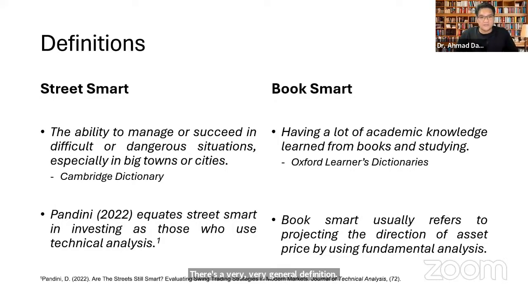But in trading, some scholars, when they do research, equate street smart in investing with those who use technical analysis, because a lot of times, those people on the street don't really have access to fundamental or economic indicators.